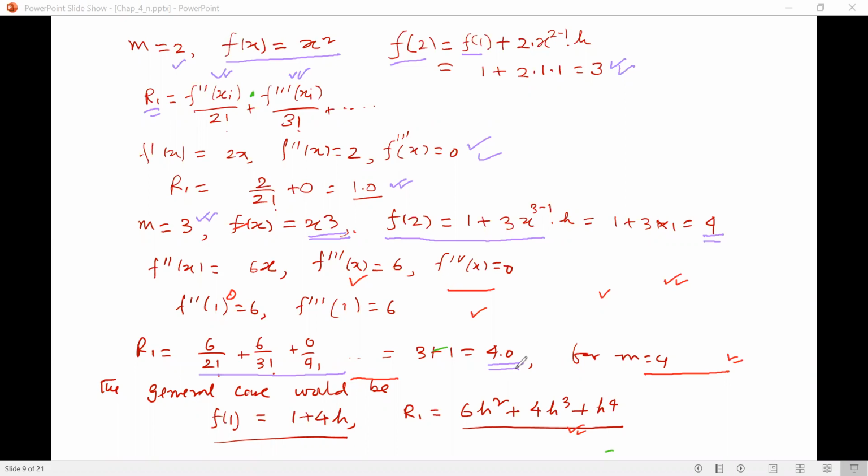And if we want to find a general behavior for m equal to 4, you will see that the value of your function f(2) would be equal to 1 plus 4h.